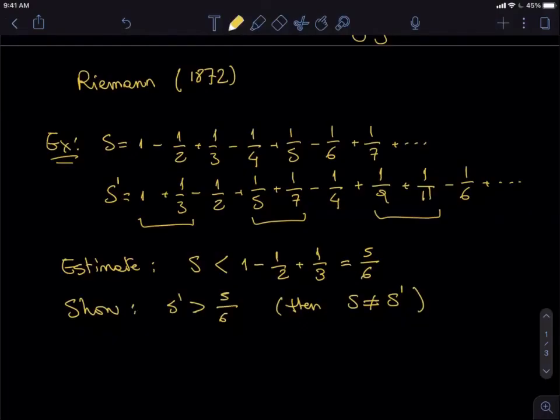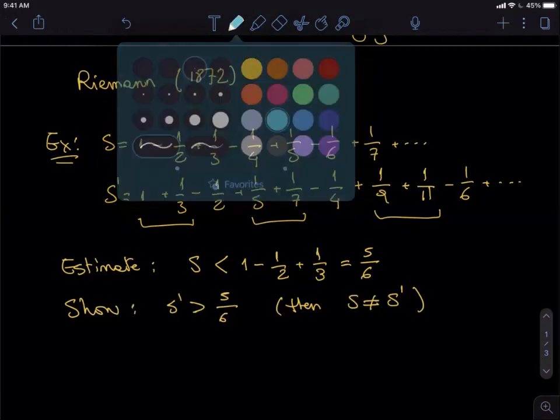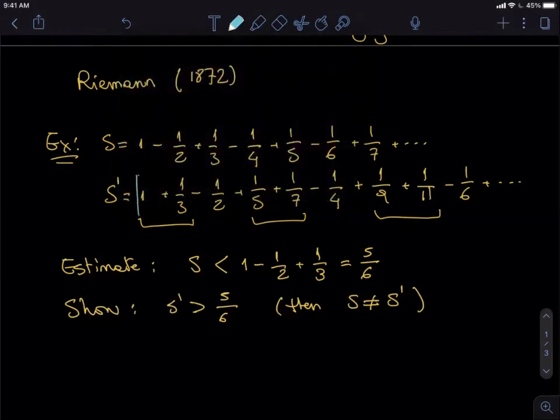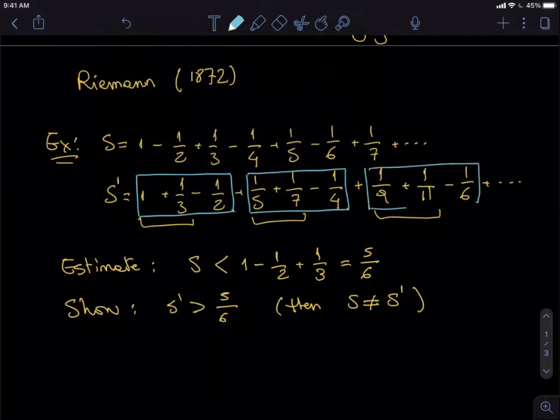So for the rearrangement, we are going to look at blocks of three terms. Positive, positive, negative, positive, positive, negative, and so on. And if we look at these terms, we can figure out a formula for these blocks.